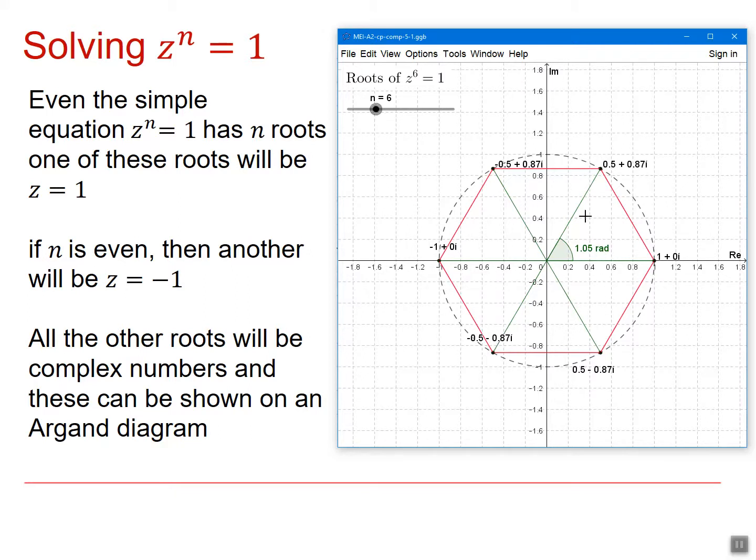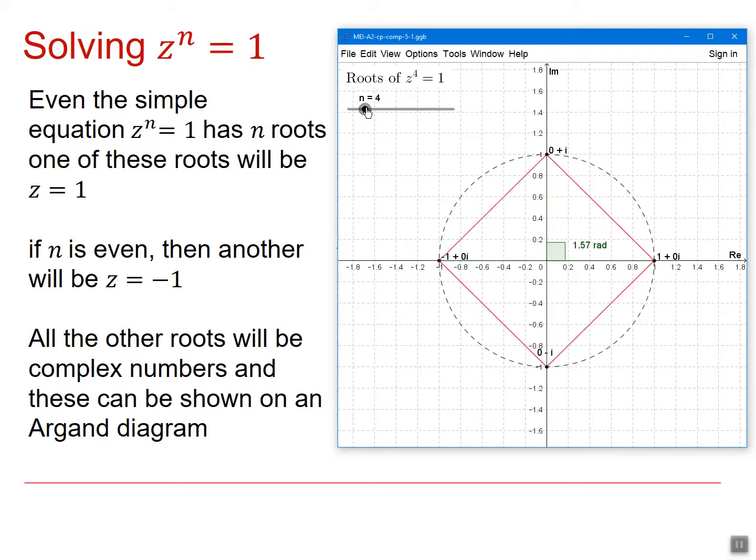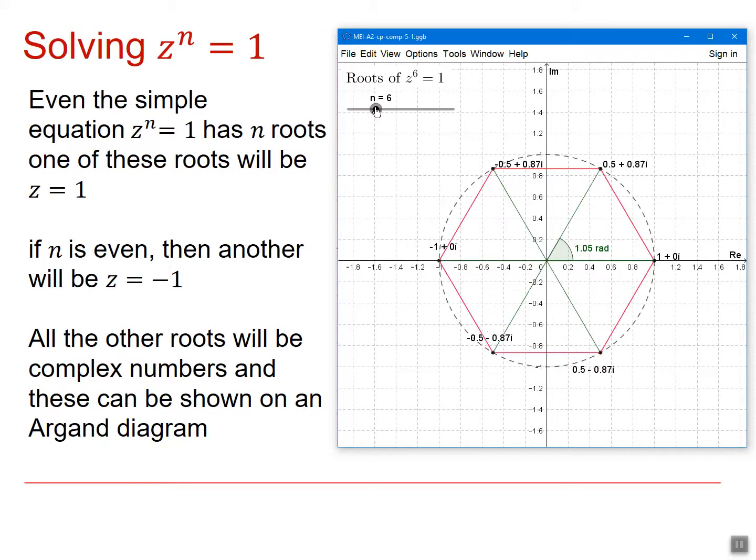Let's have a look at this plot here and see what happens as we change the power of n. If I go back to n equals 2, you'll see I get two roots, one at 1 and one at minus 1. 3, 4, 5, 6.